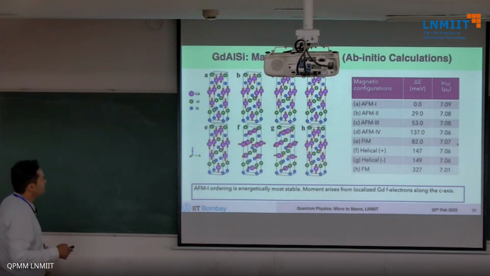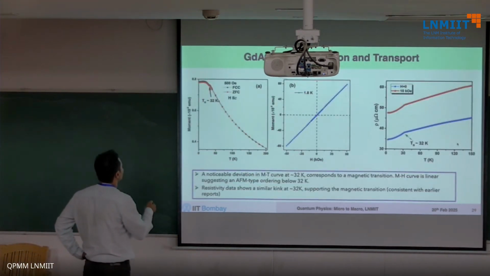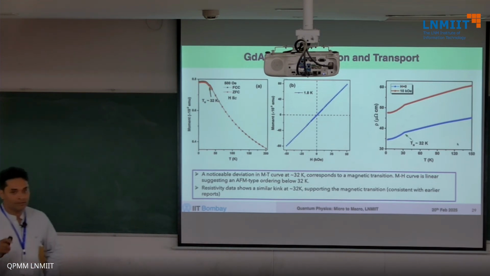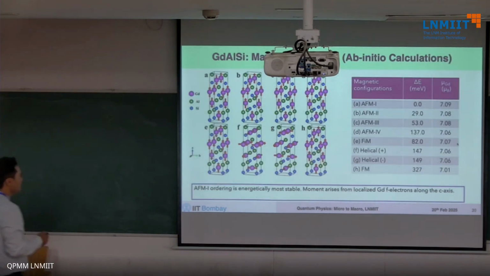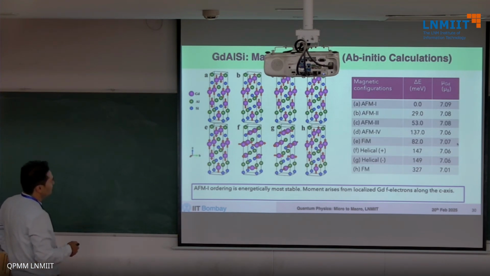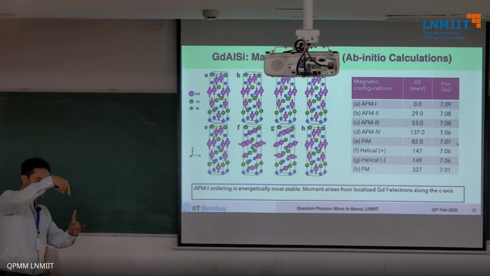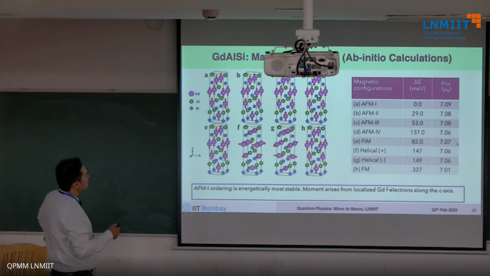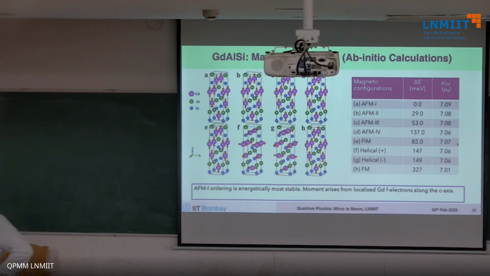So in order to check what is the magnetic ordering that holds below 32 Kelvin, we could not do neutron diffraction, which is one of the probes to find out the actual magnetic ordering. But we did the simulation of various types of magnetic ordering, and you can see these are different magnetic arrangements which were designed and simulated. And the idea is, out of all of these magnetic configurations, which one is the lowest in energy, because they are the most likely to show up in the actual material.